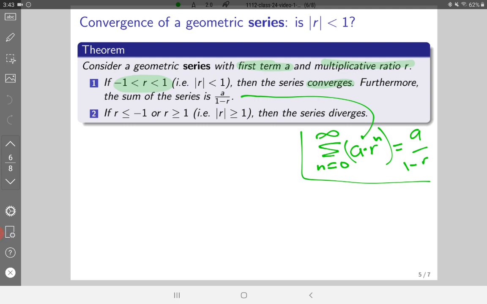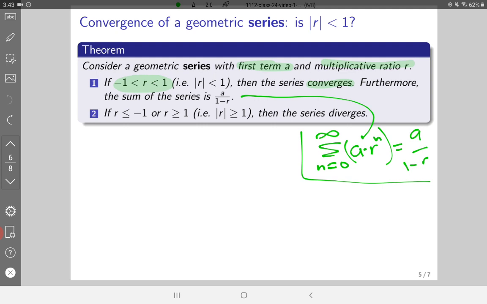I'm saying that this infinite series, where the first term, when I plug in n equals 0, r to the 0 would be 1, so the first term will be just a times 1, or just a. And then the next term will be a times r to the first, and then a times r squared, and a times r cubed. This is exactly that geometric series with the first term a and multiplicative value r, written in summation notation. Then all of that adds up to a over 1 minus r.